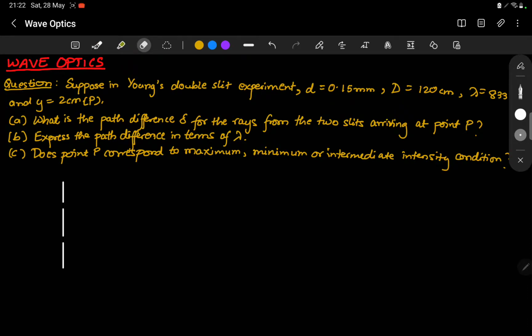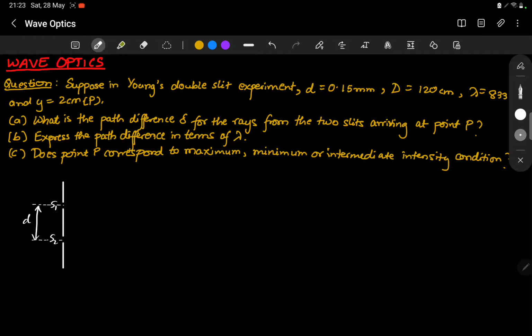Let us call them S1 and S2. The slit separation is given by small d. So we are given d is equal to 0.15 mm.